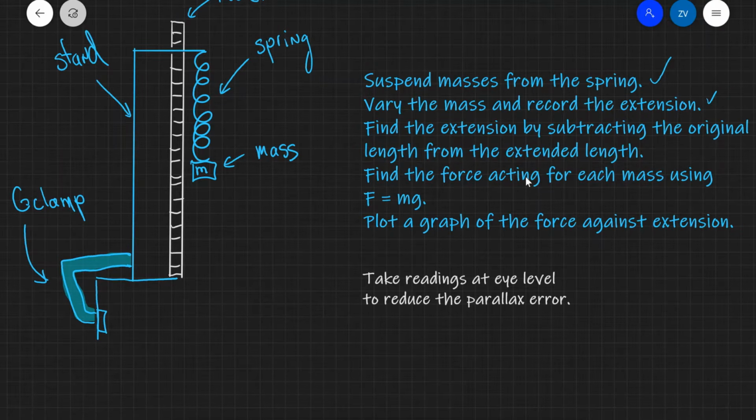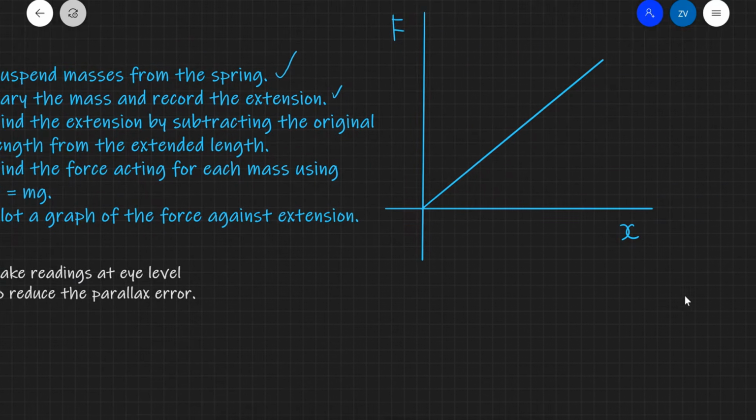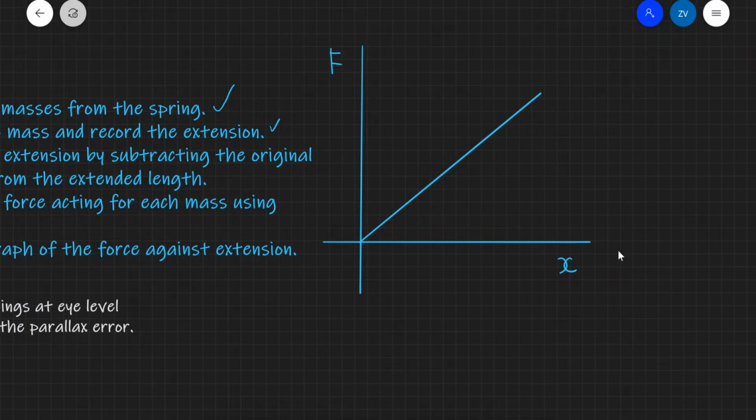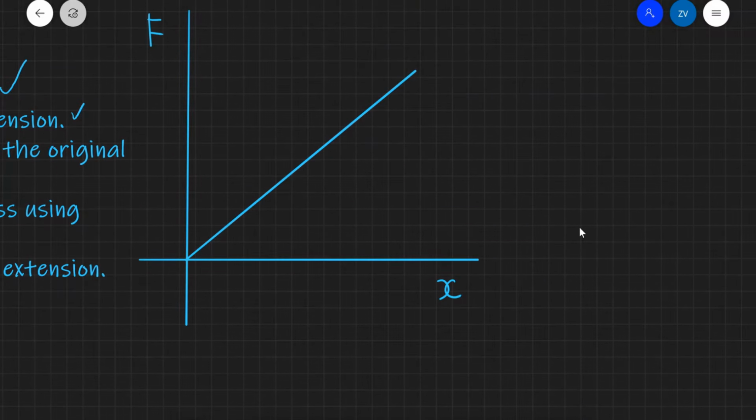If Hooke's law is indeed correct, we expect our results to produce a straight line through the origin. We can actually compare this with the equation of a straight line. We can just do this over here. So F is equal to Kx, this is Hooke's law, y is equal to mx plus c.